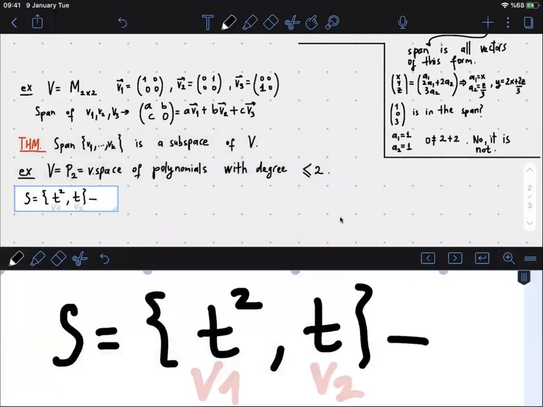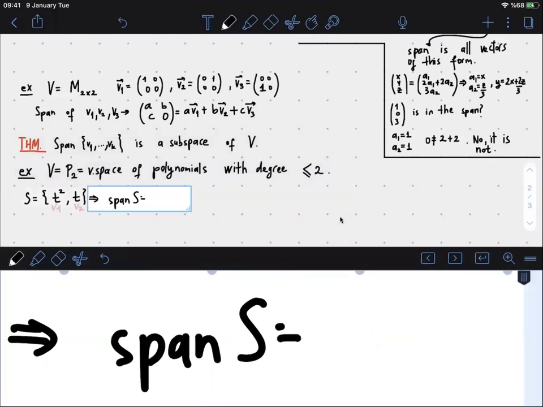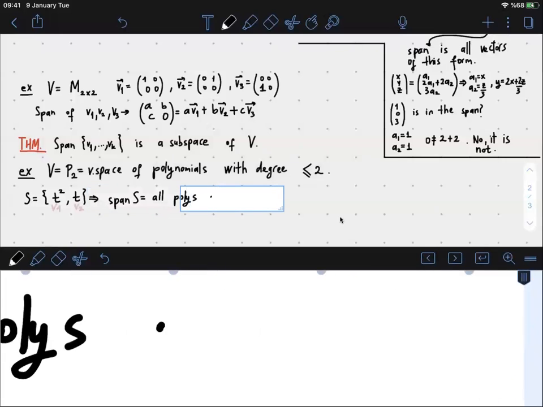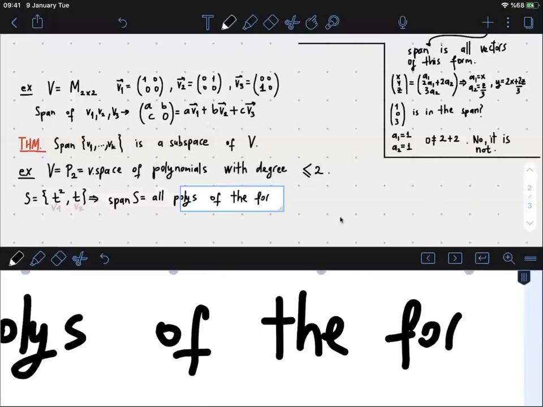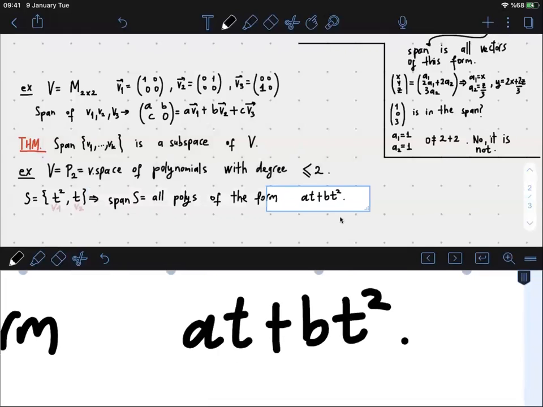The span of these two vectors, or the span of this set S, is all polynomials of the form at plus bt squared. All polynomials of this form are in the span.